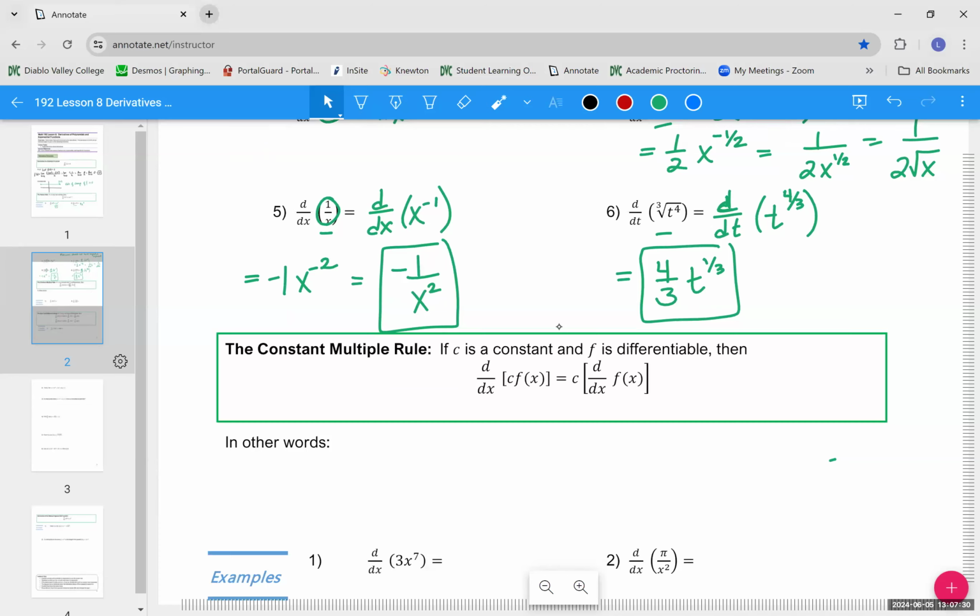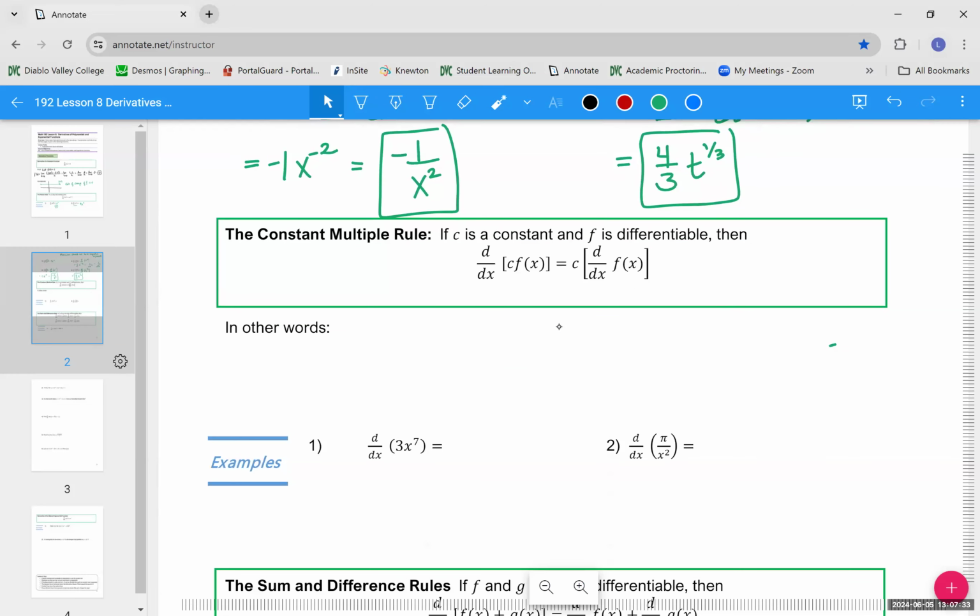Okay, so the power rule, pretty helpful. The constant multiple rule basically just tells us that you can factor a constant out. If you're taking the derivative of a constant times a function, that's equal to the constant times the derivative of the function. So in essence, what it's saying here is you can pull a constant out before you take a derivative.